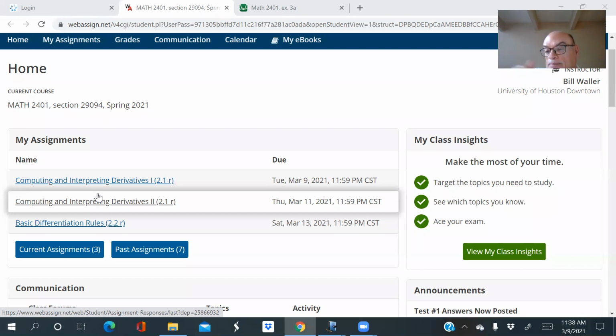It's not part of the test, but I'll add that to WebAssign, so you'll have another grade in WebAssign. Does someone have a question about anything? So that's just where we are for the time being.